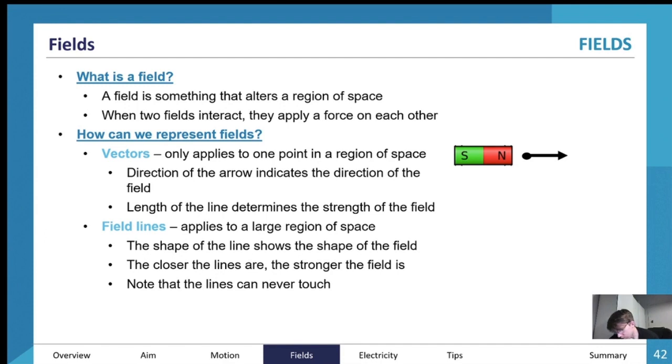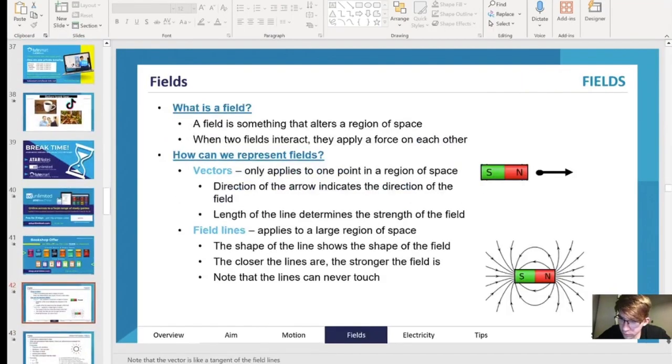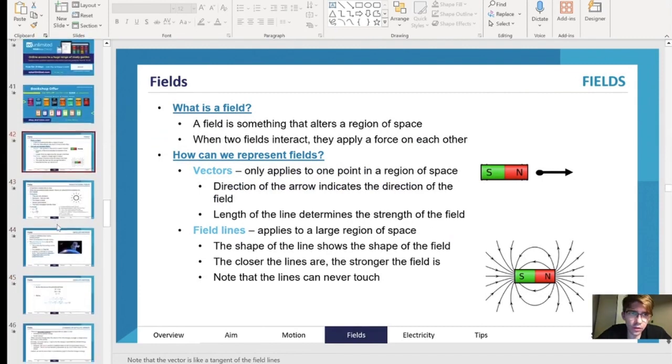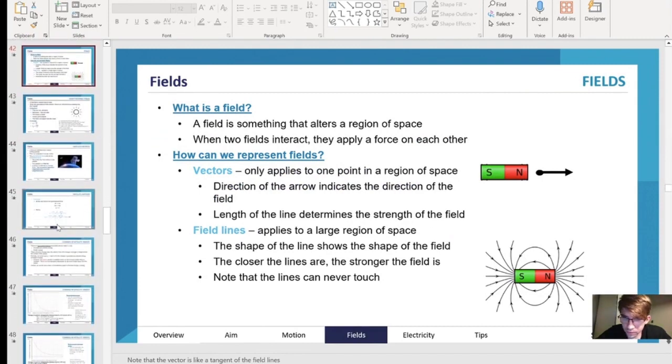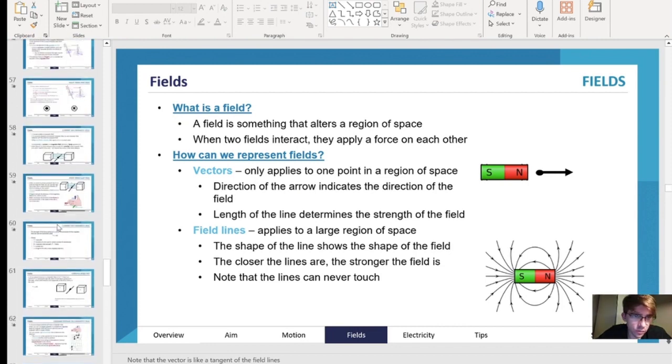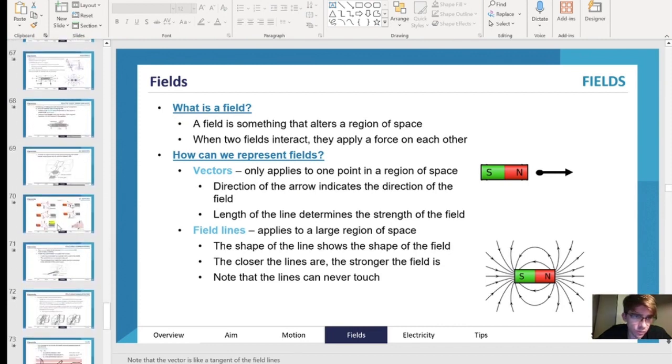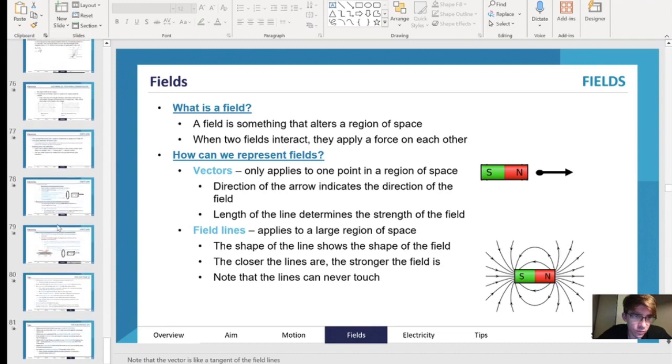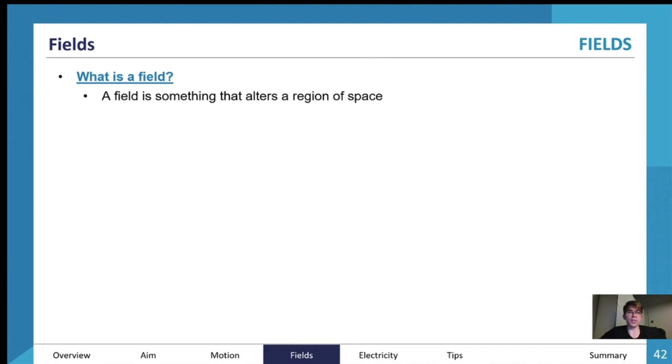So let us get started. Let me see how much time we have. We still have a decent amount of time, like 20 minutes. So let's start with fields.